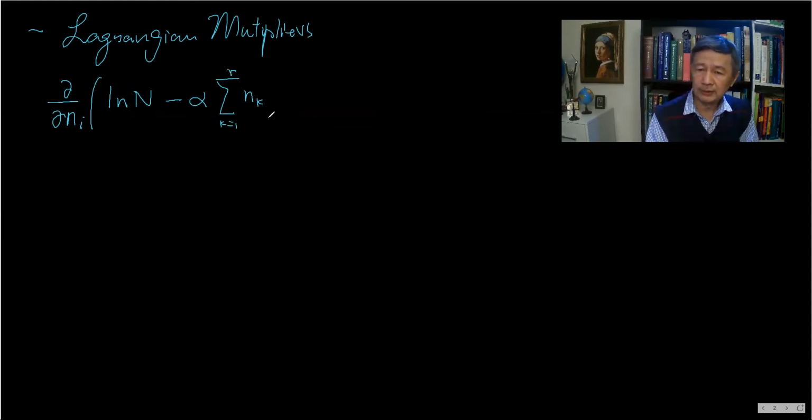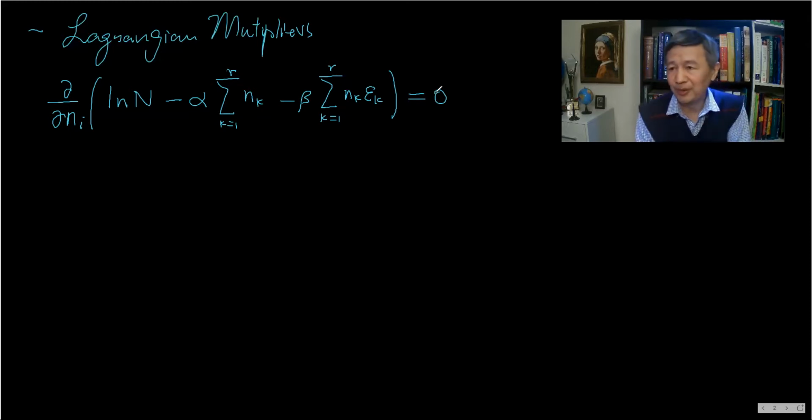That is the total number. Another constraint is energy. Can I put beta here? That would be the sum of nk multiplied by epsilon k, with the discrete variable k from 1 to r. We have to use this condition in order to find the most probable distribution or most probable configuration.